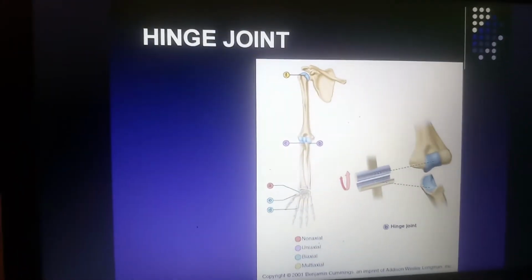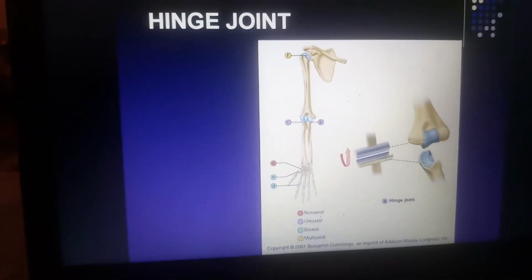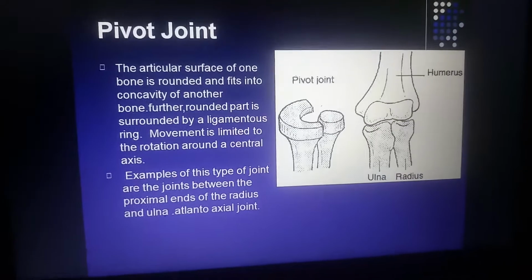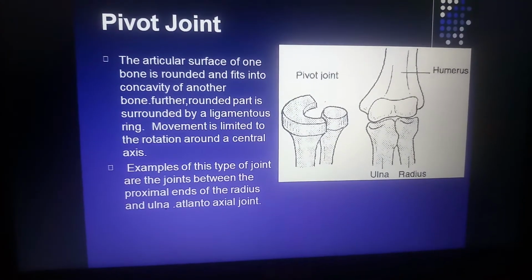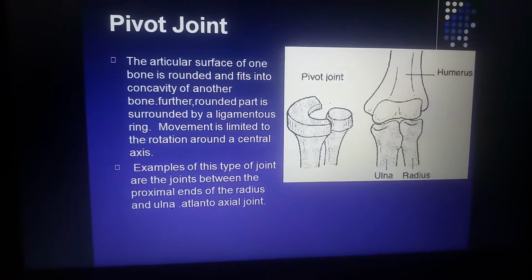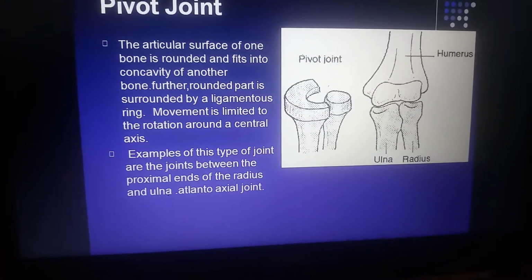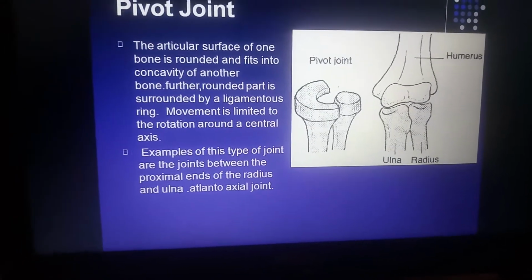Here again you can see articulating surfaces are shown. Third type of synovial joint is the pivot joint. The articular surface of one bone is rounded and fits into the concavity of another bone. Further, the rounded part is surrounded by a ligamentous ring.